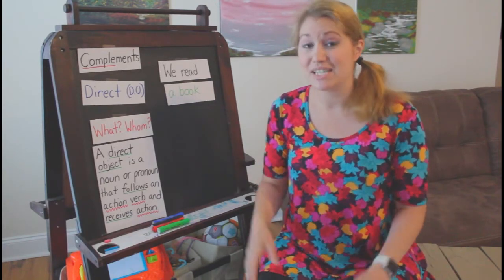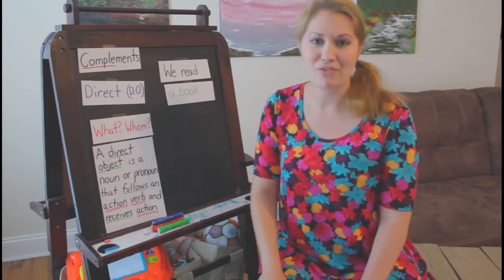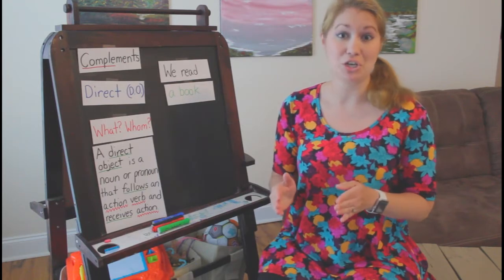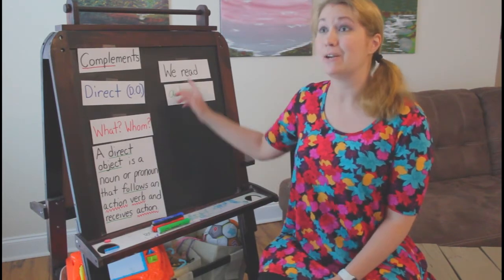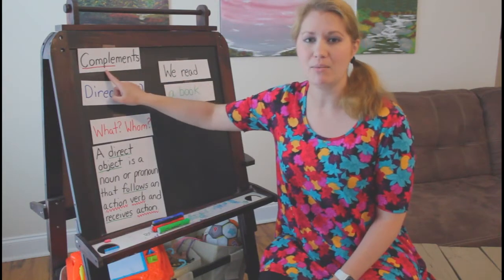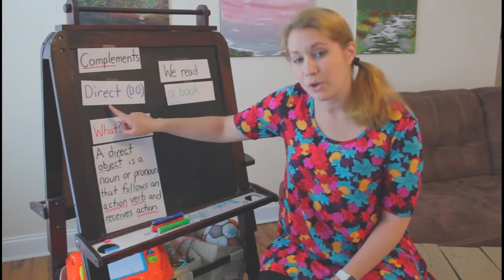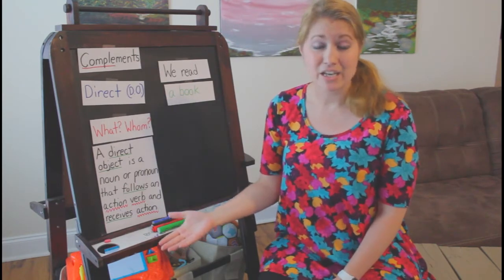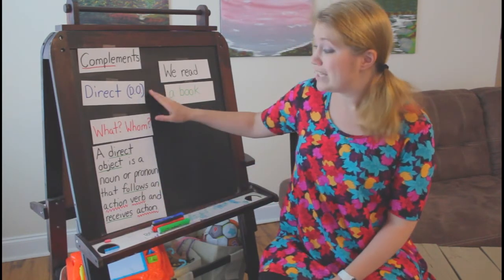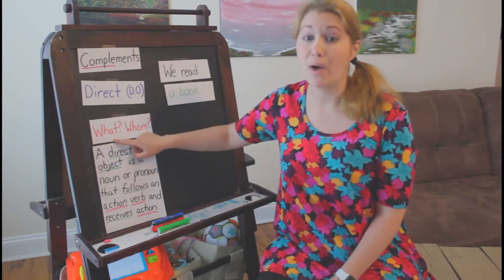You've got a lot of sentences like these on the second half of your page where you're going to have to choose which phrase will better complete the sentence, giving it a real complement, a direct object. Remember, both choices will make sense. You are choosing which one answers the question what.